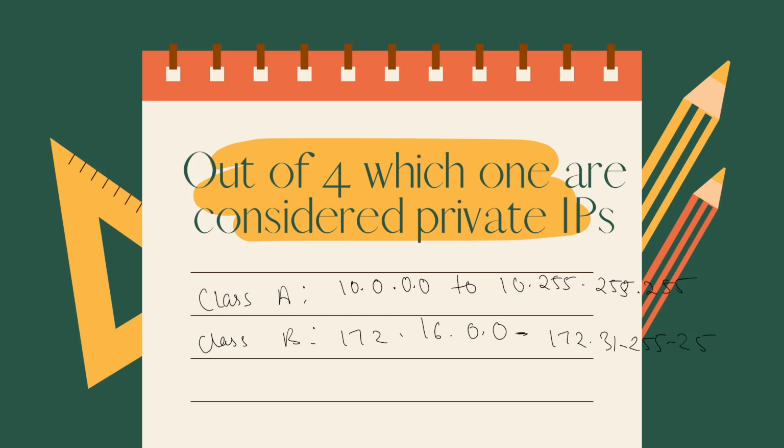Then for class C, what was it? Class C was 192.168.0.0 to 192.168.255.255. Now, since we do not have the options, we cannot comment on what the right answer was, but you had to match with the range that you are aware of for the private IP.